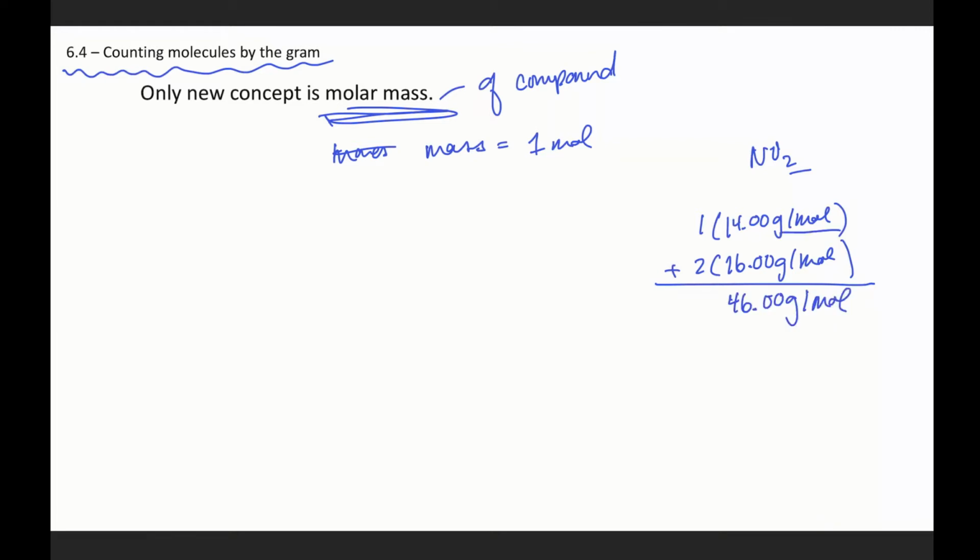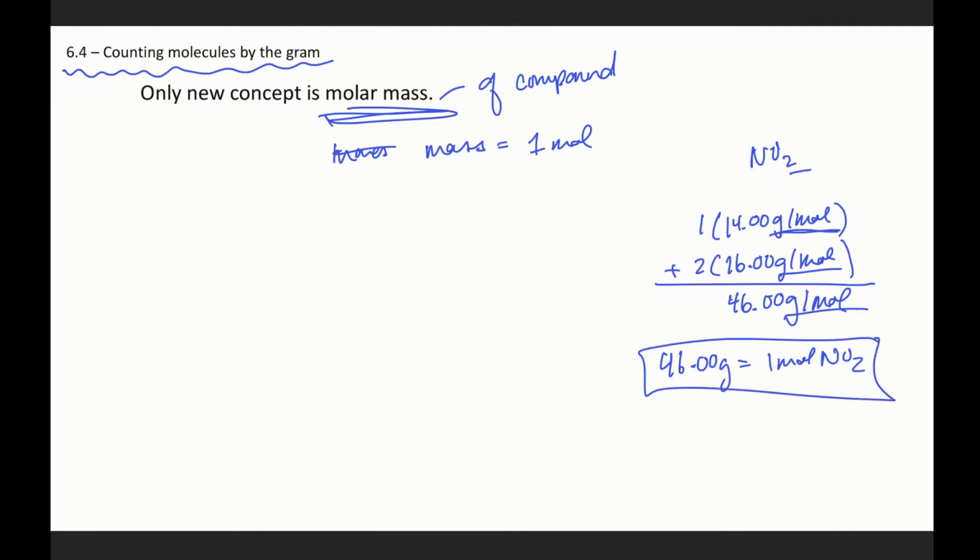When we add, this is just like x's basically, so this is like 14x and 32x, which gives us 46x. Does that make sense? Going back to math, 46 grams is equal to 1 mole of NO2. However you want to write that, we would put each piece wherever it belongs. But that is how we do the molar mass for any substance.